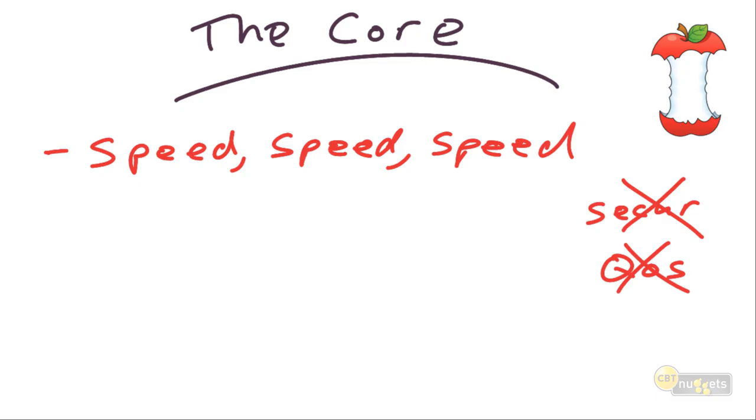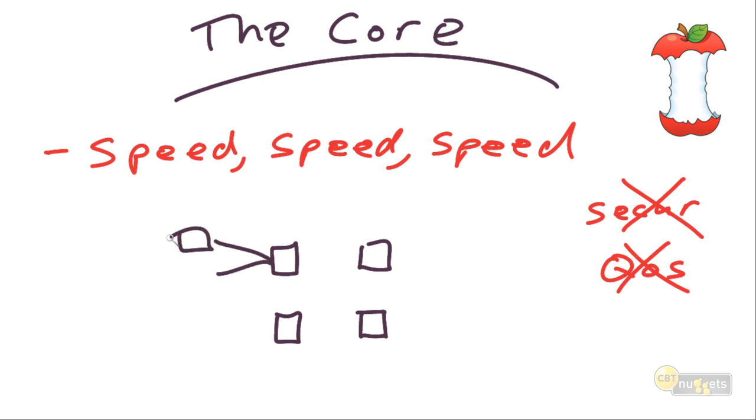Now, something that's pretty interesting about the core layer is the debate on whether or not you'll even design a separate core. What ends up happening in a lot of organizations is that they'll have this distribution layer which leads out to access layers, okay?